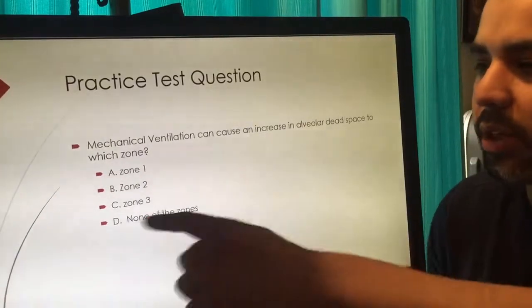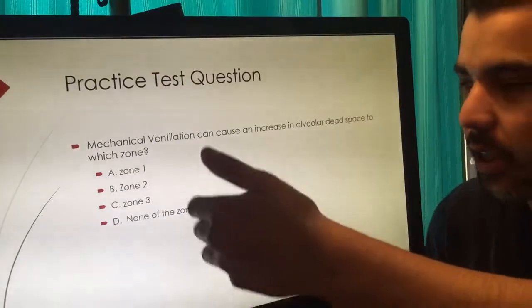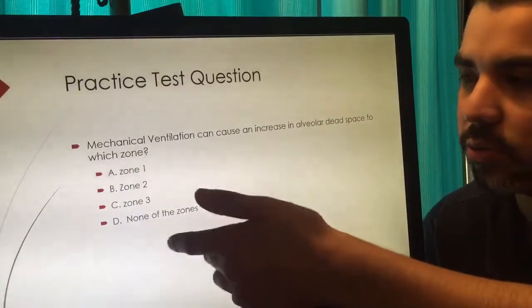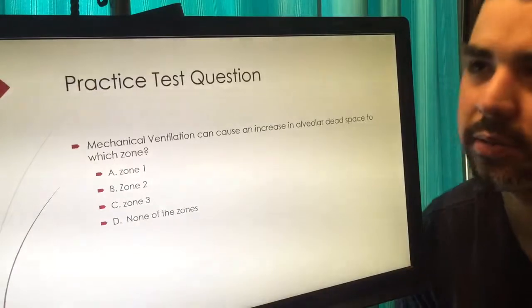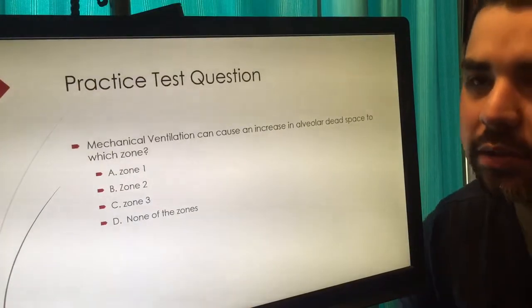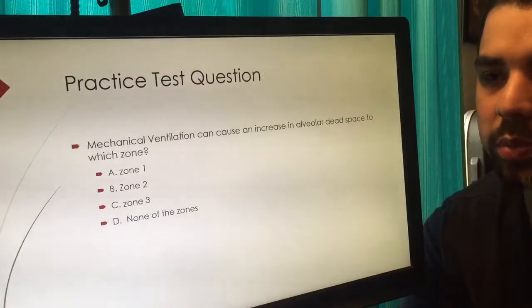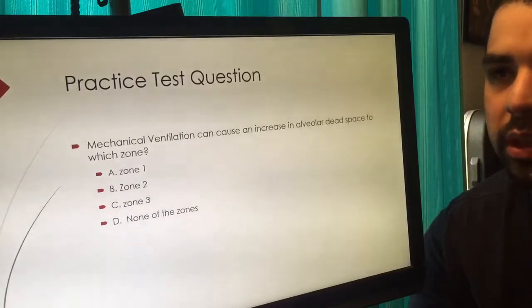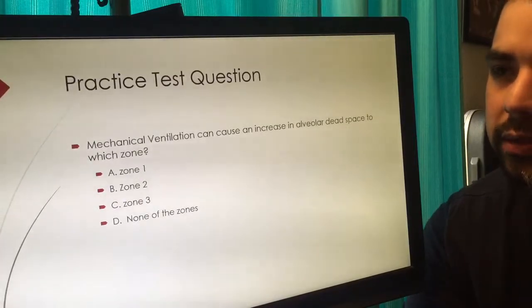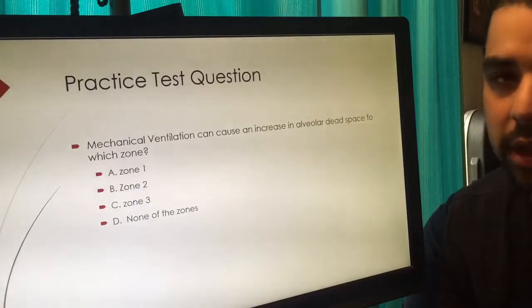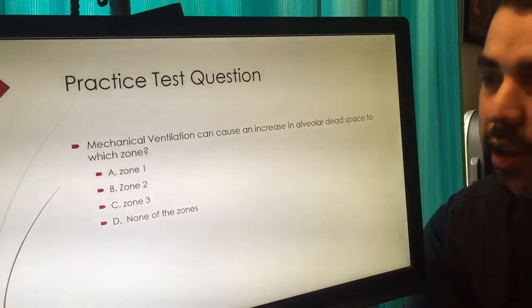We can rule out D because, of course, it's going to change the zone. It is. But we just got to know which one. Zone 3? Not necessarily. It will be receiving adequate ventilation, but it's not going to change the perfusion. It's still going to be like that. Like I said, that 20 times more perfusion than ventilation, in the other lungs than in the other zones.